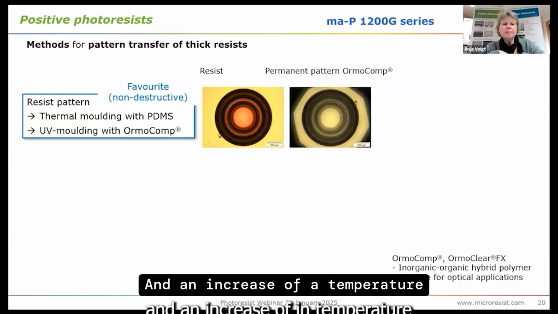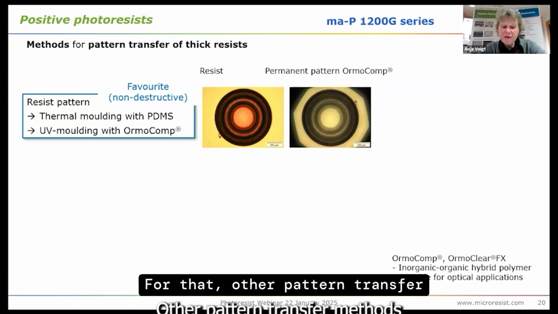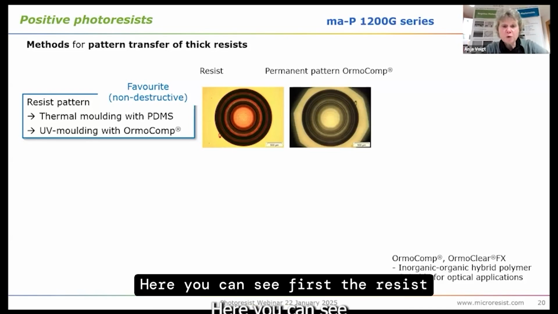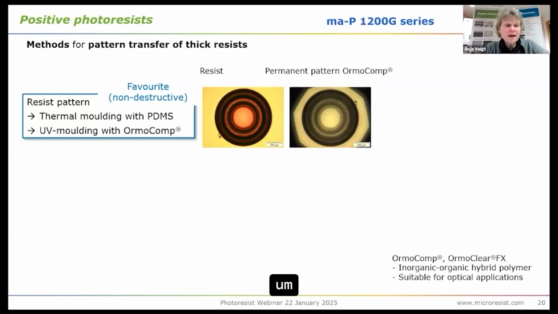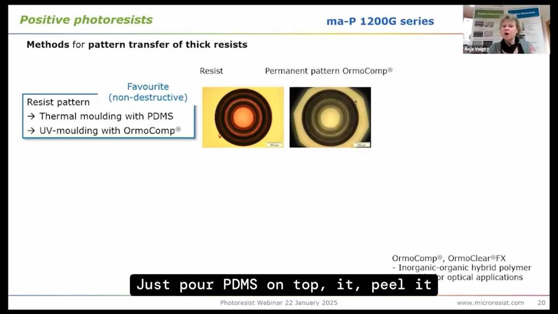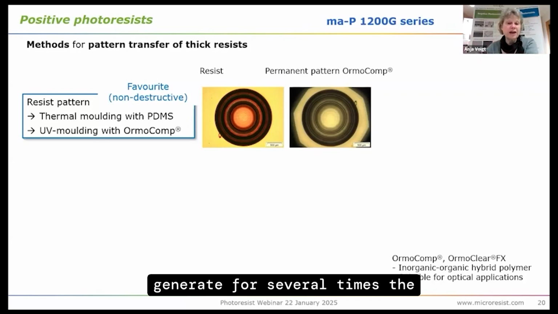An increase of temperature for the positive resist could be critical because pattern resist distortion could be observed. For that, other pattern transfer methods are tested or recommended. Here you can see first the resist mold, and the resist mold can then be replicated thermally with PDMS: just pour PDMS on top, cure it, peel it off, and then you have a non-light sensitive stamp to generate the permanent pattern several times.